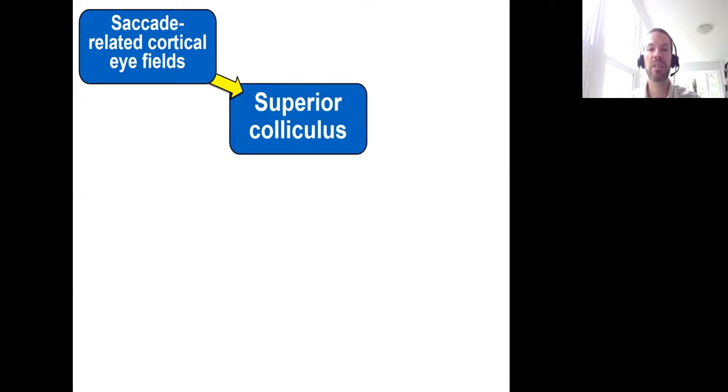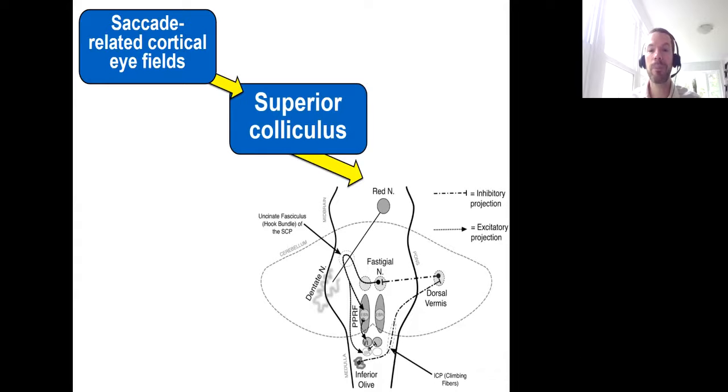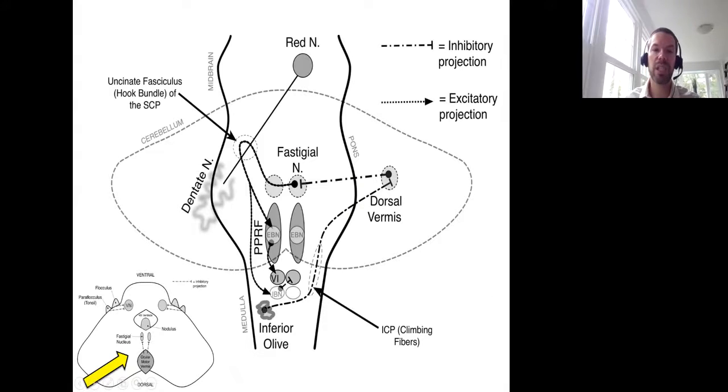It integrates lots of these saccade commands coming from all over the place and projects onto mainly the brainstem structures, and the posterior fossa saccade circuitry involves structures in both the brainstem and the cerebellum. So seen here is the brainstem. This is superimposed on it. We're going to talk about these midline structures in the cerebellum, the vestibular nucleus and the dorsal vermis, which are integrated into this one figure, which I'll continue to show going forward now.